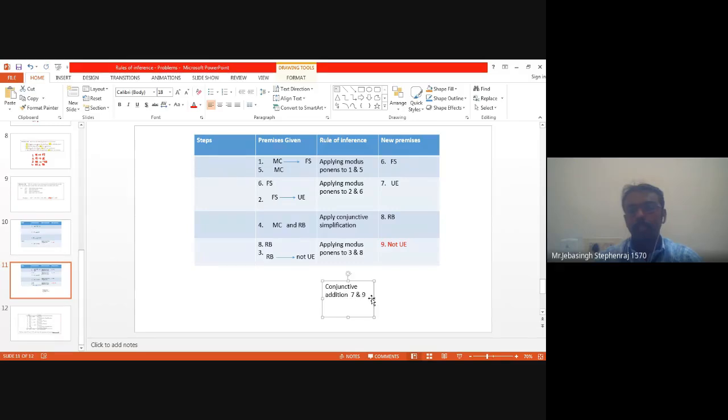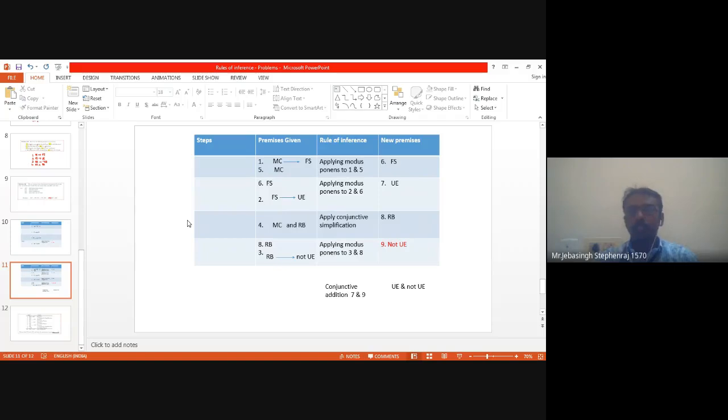Conjunctive addition gives UE and not UE. 7 is UE, 9 is not UE. When I apply conjunctive addition to 7 and 9, I get a contradiction: uneducated and not uneducated. Therefore the given set of premises is inconsistent.